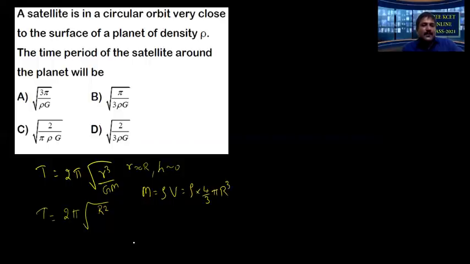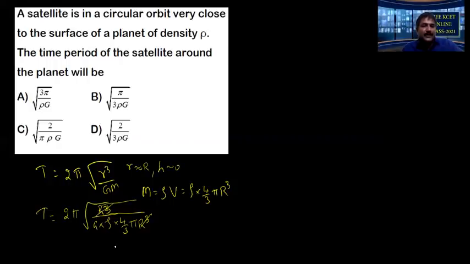Now substituting that here: R cube by G into rho, 4 by 3, π R cube, everything inside the square root. Simple. Now R cube cancels, and this 3 goes to the numerator.